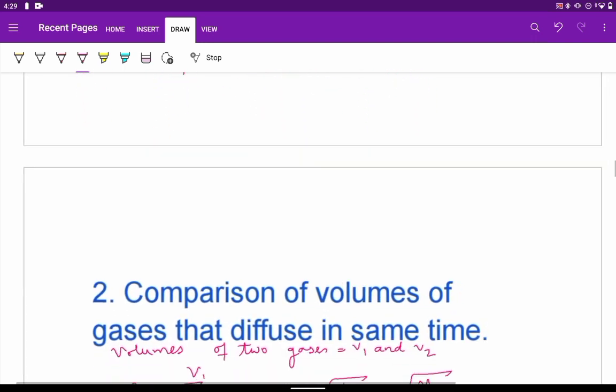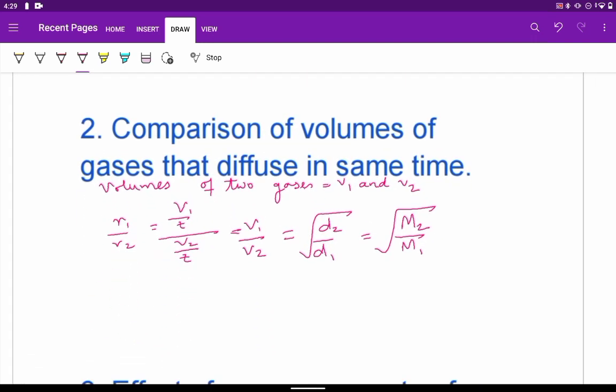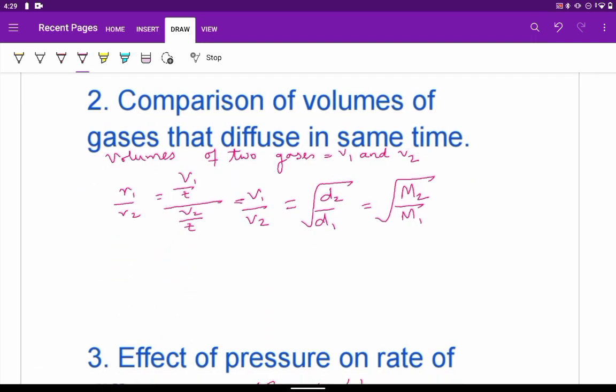Next we can have a look at the comparison of volumes of gases that diffuse in the same time. Here we keep the time constant. The volumes of the two gases are denoted by V1 and V2. Again the same formula, R1 by R2 equal to, R1 is V1 by T because T is constant, same for both.